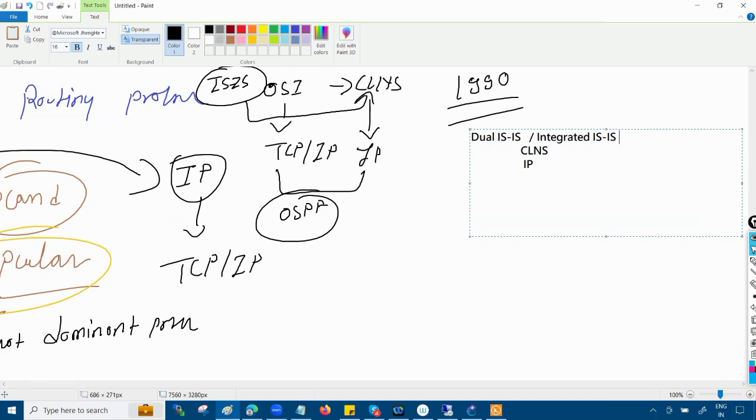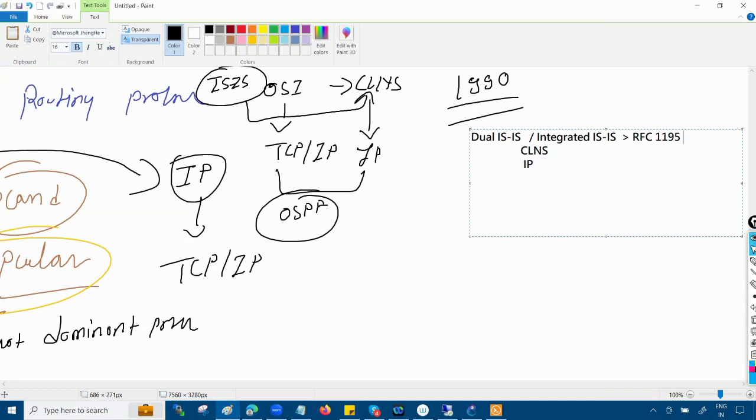Integrated means we can use the same IS-IS protocol in both environments, either CLNS or IP. The first RFC was 1195. Finally, people gradually deployed the IS-IS protocol in the market.